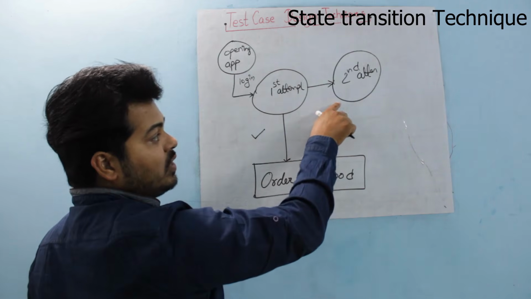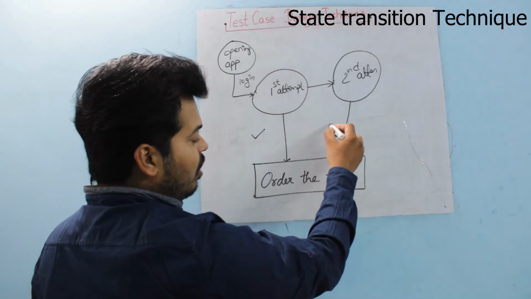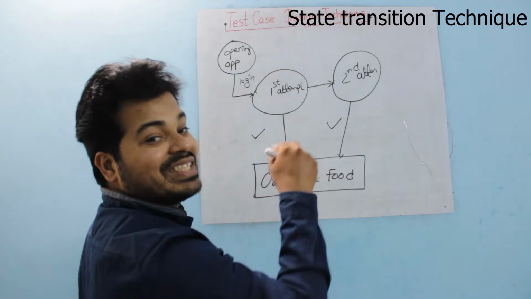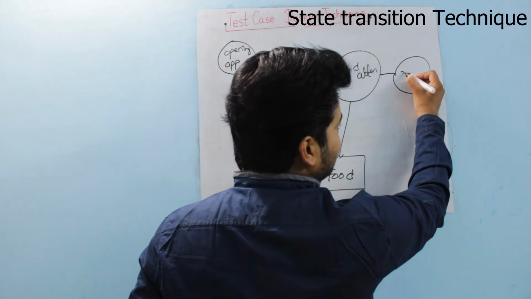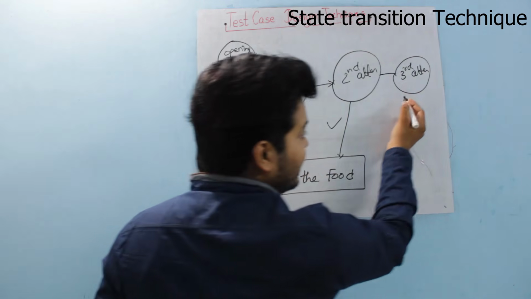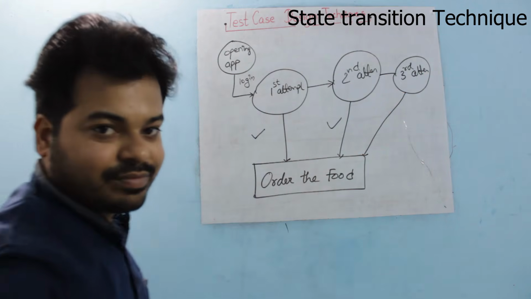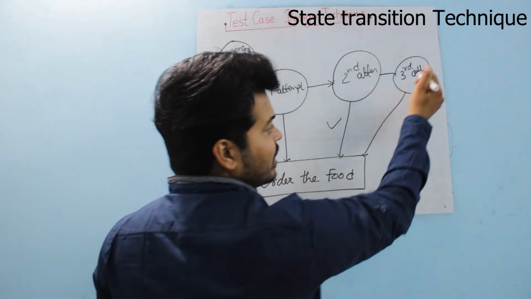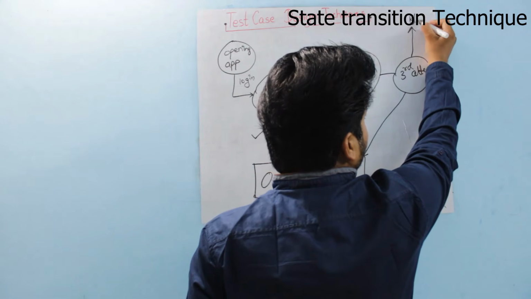In case during the second attempt their password is correct, they will order the food. In case during the second attempt their password is wrong, we will give them another chance to enter the password, a third attempt. In case they enter the password correctly, they can order the food. But in case they do not enter the correct password, we are going to block them.